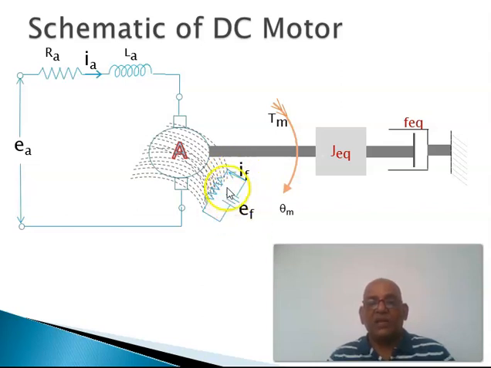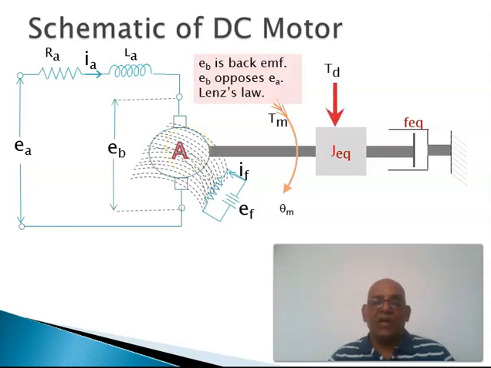When you supply this, a magnetic field is established, and when that field cuts the armature conductors, you have a torque Tm generated. Because of this torque, the motor shaft turns. When the motor shaft turns, armature coils also turn. When they turn, a back EMF is manifest across the armature terminals.